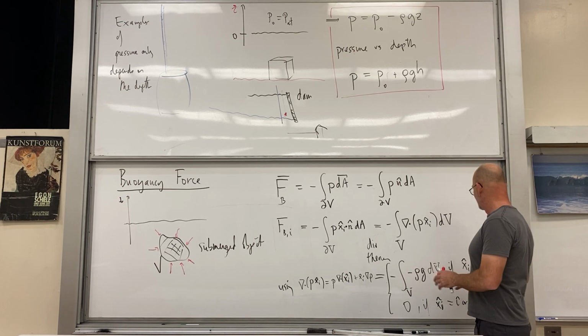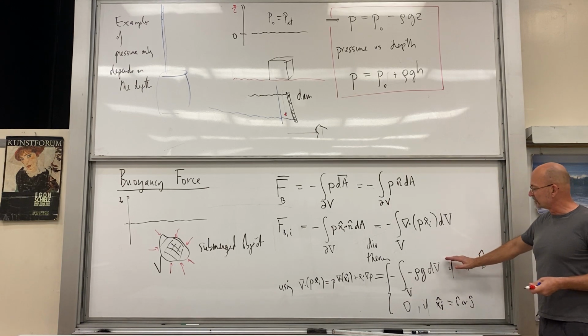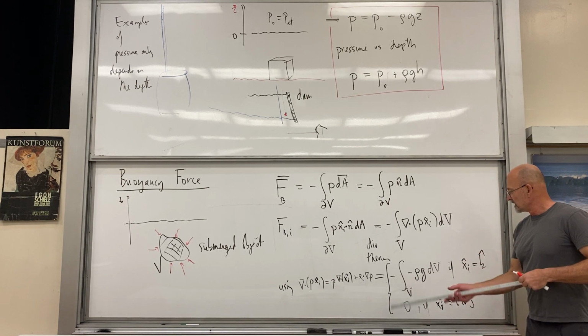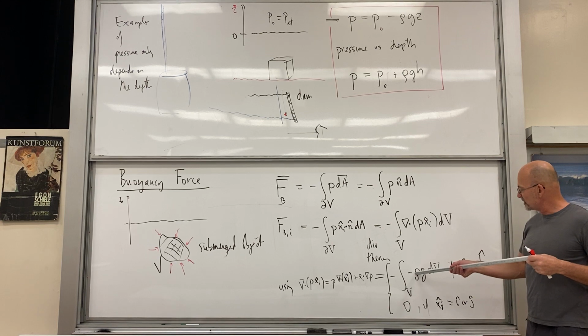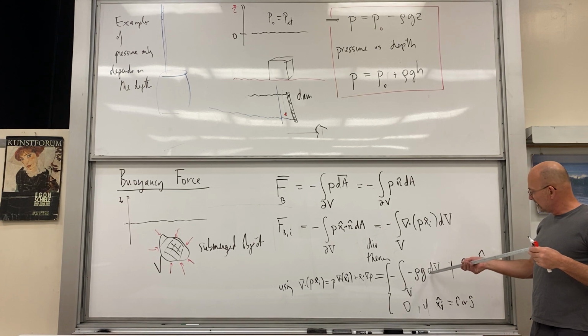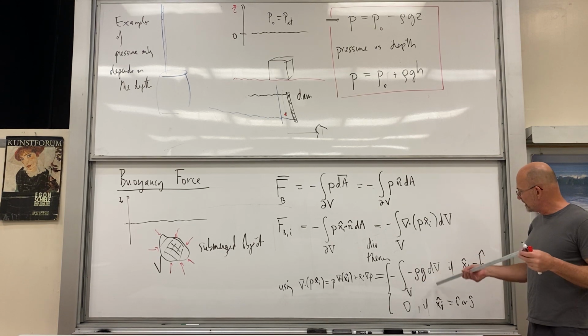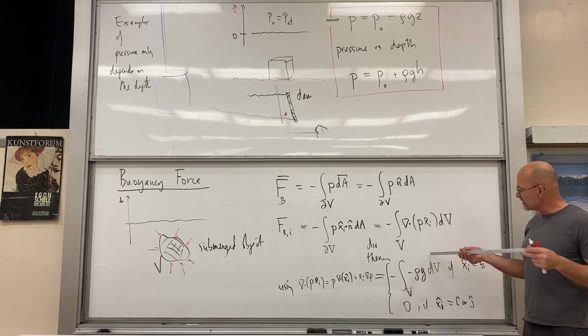So this is the calculation, but we have to draw the conclusion. Minus minus is plus, rho times g are constants, they come out. Integration over the volume is just the volume.